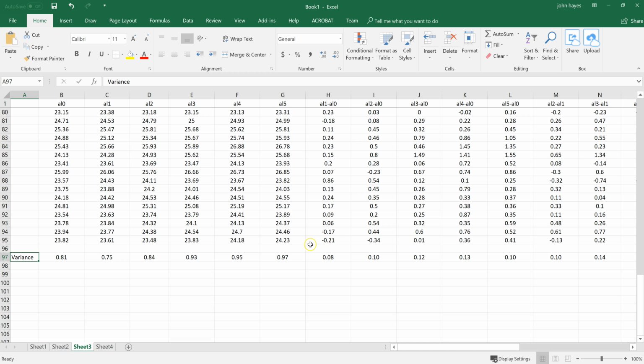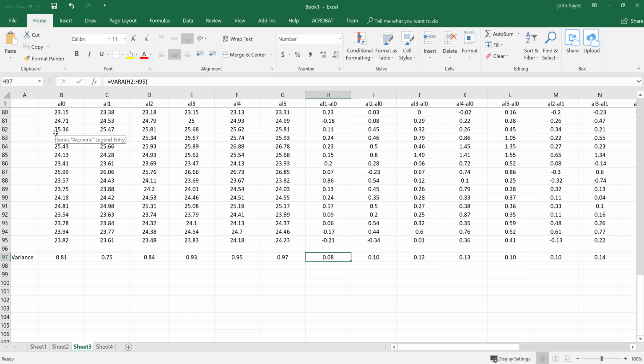I'd like to point out that these numbers are all pretty large. These are the variances for each individual year. And these are the variances for the differences between years. Those variances, if they were not correlated, should be the same.